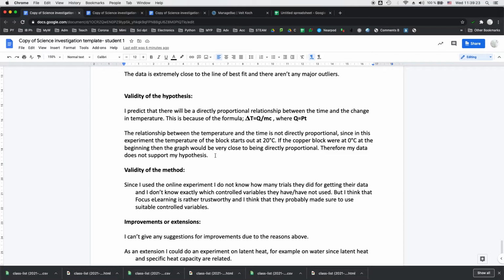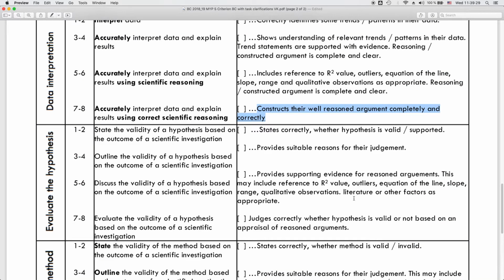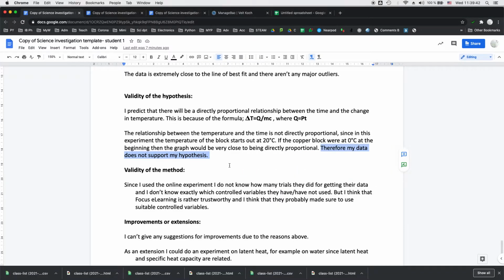But the statement here is correct. So let's have a look. It doesn't say much more than that. I would say this is a 4, maybe a 5. It's certainly a correct observation.